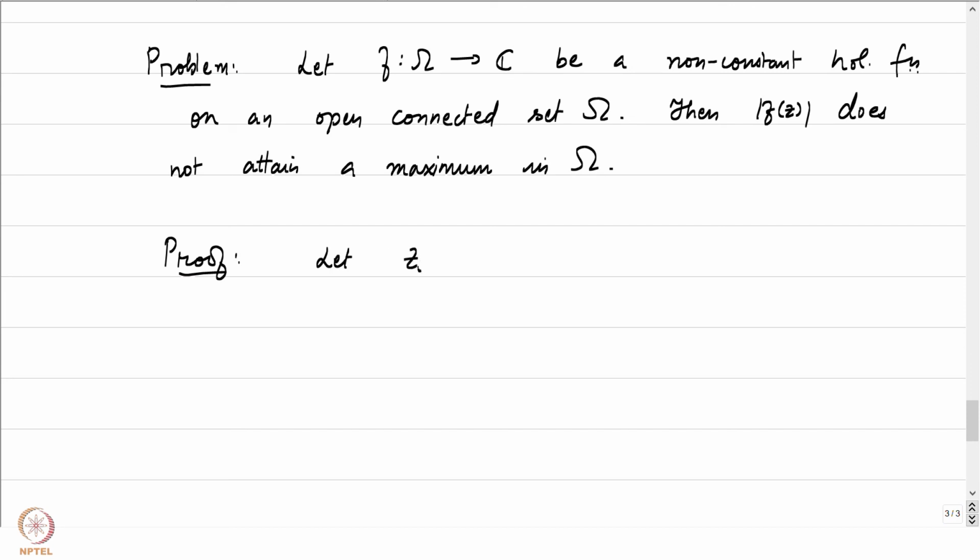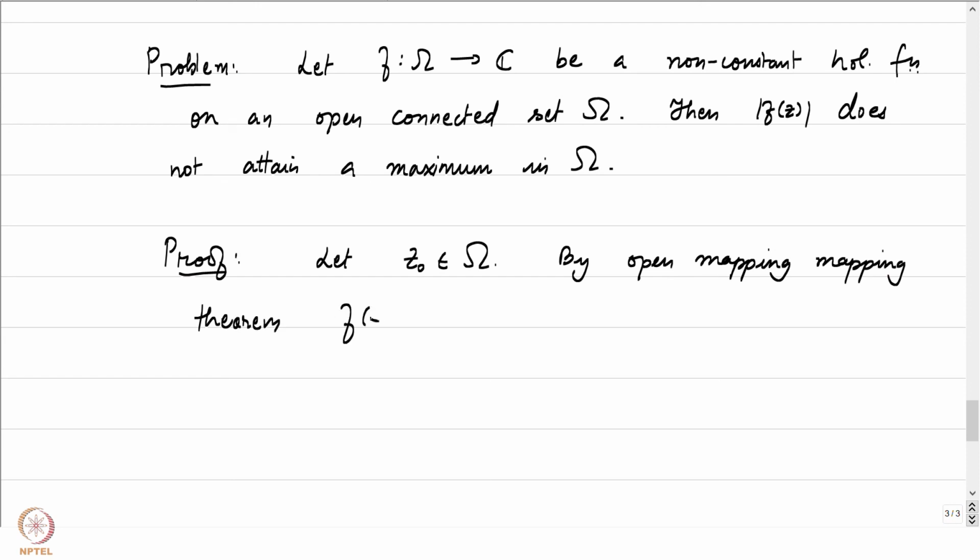Let z0 be some point in the domain omega. By the open mapping theorem, because f is a non-constant holomorphic function, f of omega is open, and hence f of z0 is an interior point.